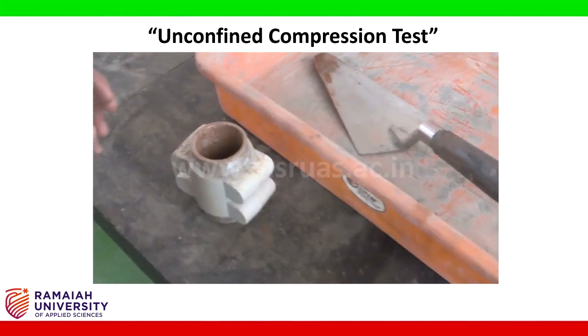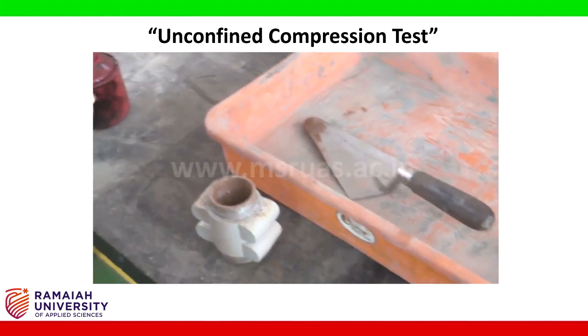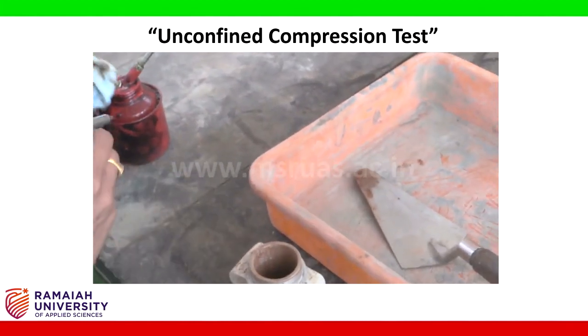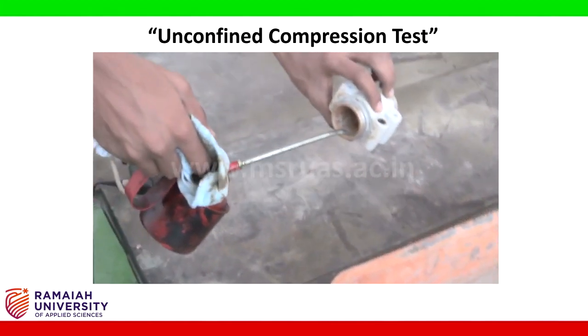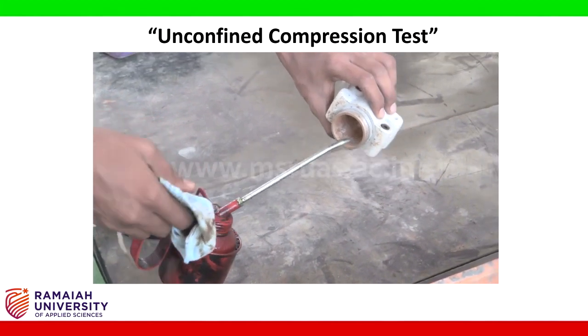Before filling the soil sample into the mold, we should grease the inside surface of the mold using an oil can so that the sample will not stick to the surface of the mold.